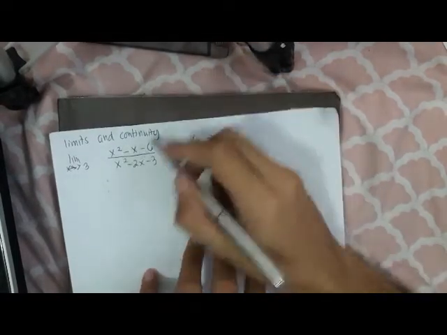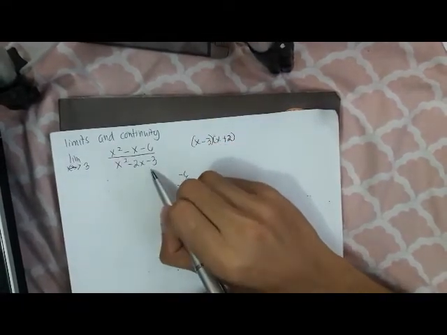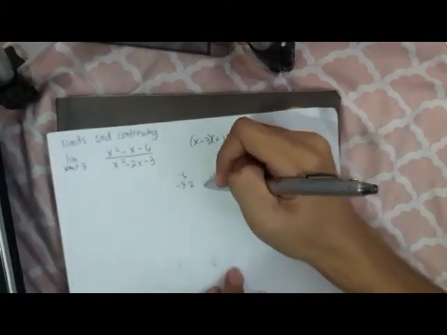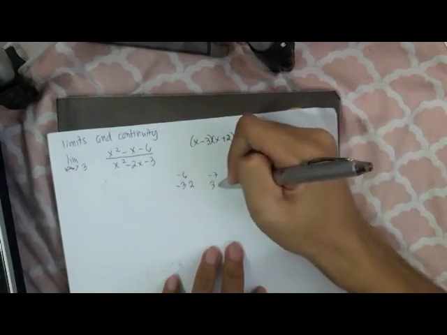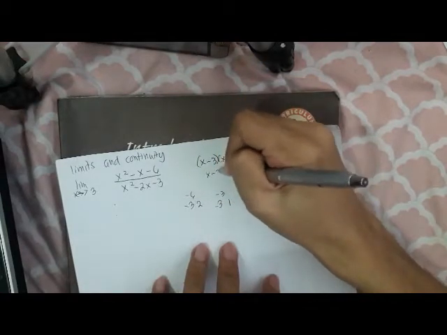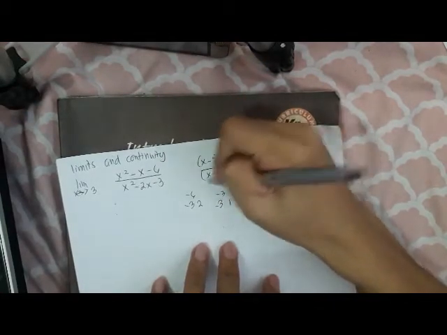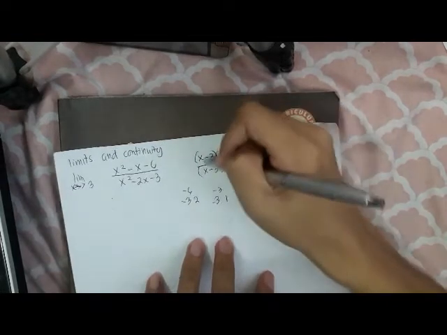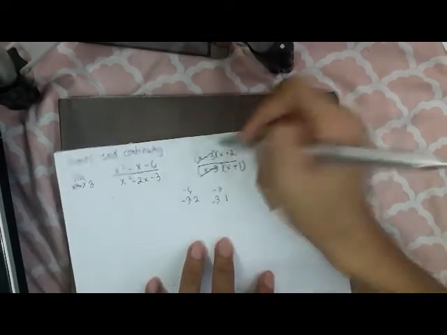So, sa baba, titingnan natin kung may factor tayo. Multiple negative 3, that will become negative 2, which is negative 3 and positive 1. So x minus 3 over x plus 1, which mag-cancel natin ang x minus 3.